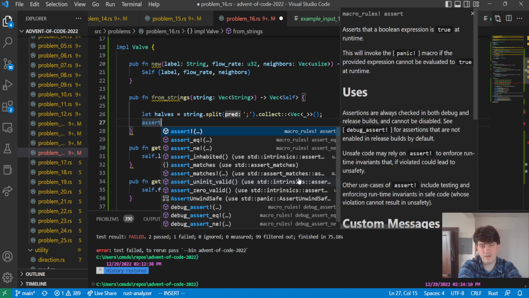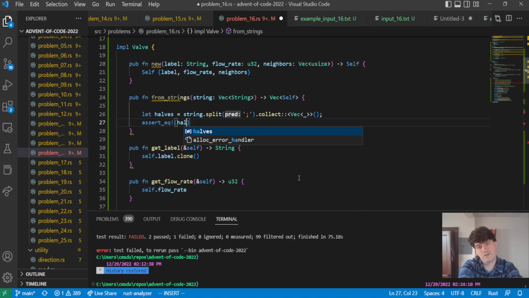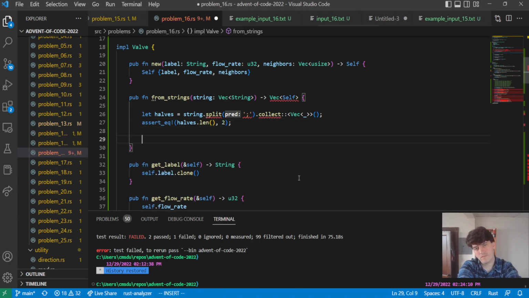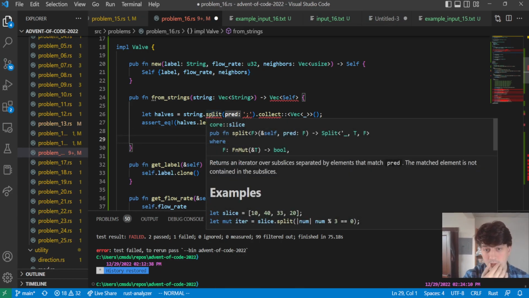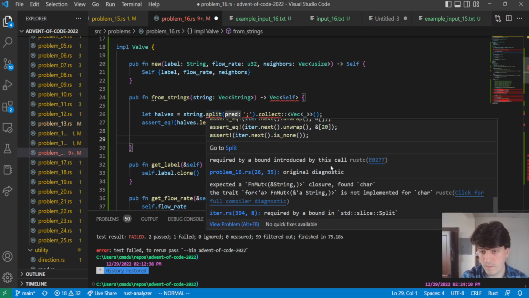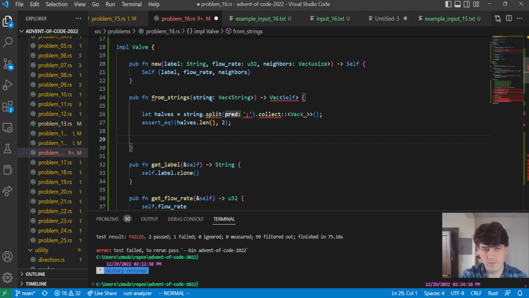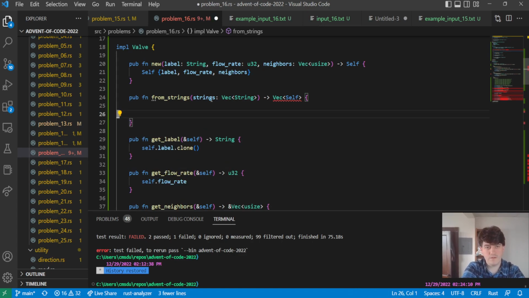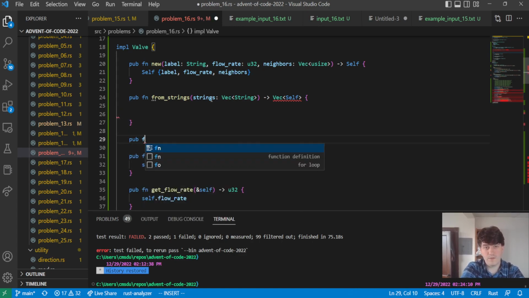We will say assert halves.len() is equal to 2. Oh, this is strings. So then this is going to be pub fn from_strings.